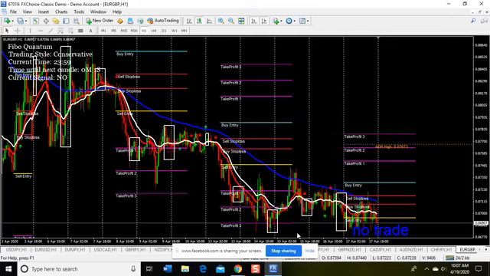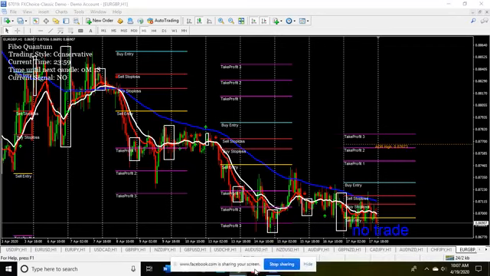Now, in the PDF you get with the indicator, basically all it tells you is to take trades with the trend. It also gives, I think, about maybe six pairs that it works best with. Right now, we have 16 pairs on the screen that we scan every day.